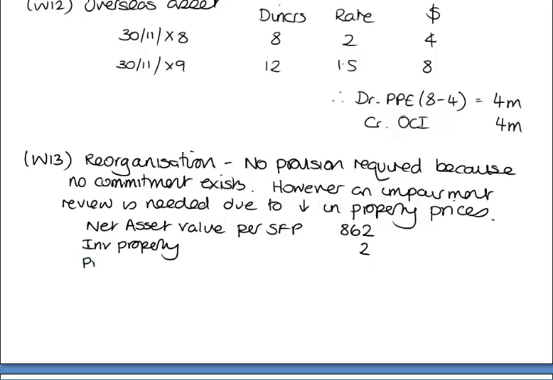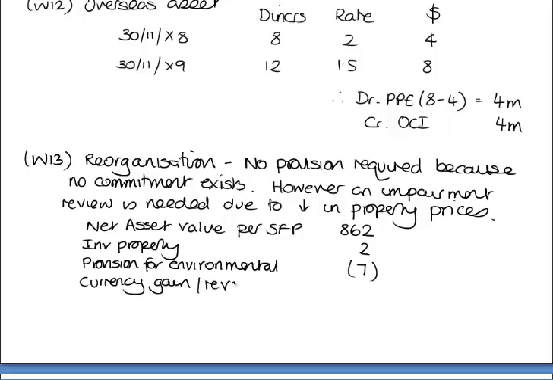But we've created a provision for the environmental damage of 7 million. We've got our currency gain stroke revaluation. Again, that relates to the parent. That is 4 million.